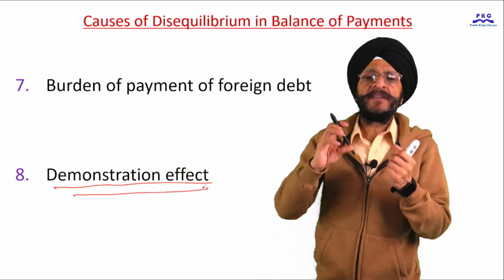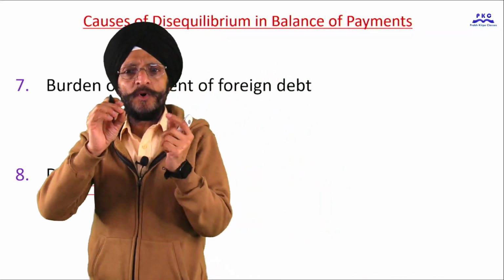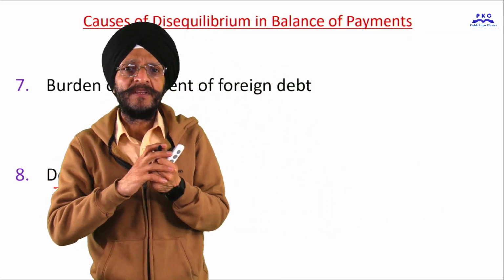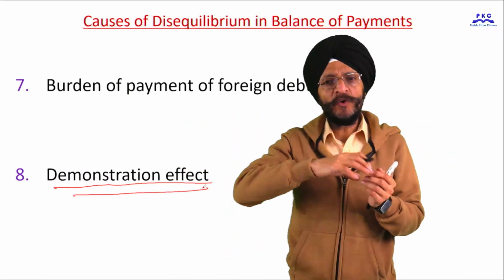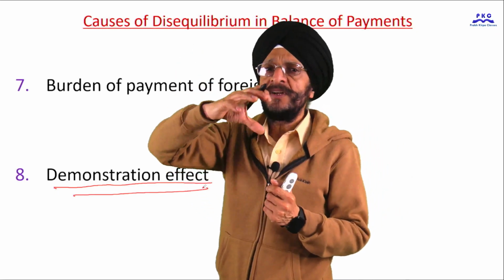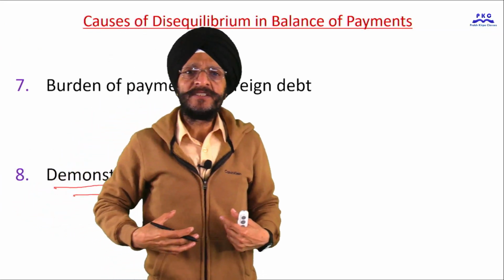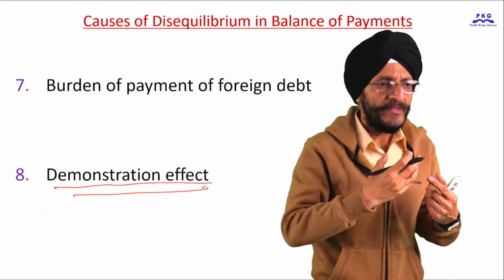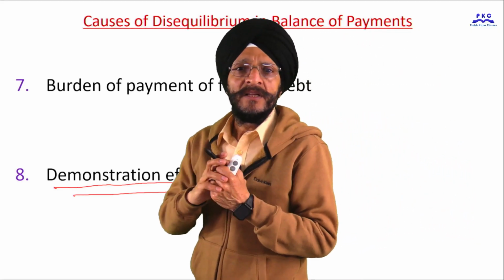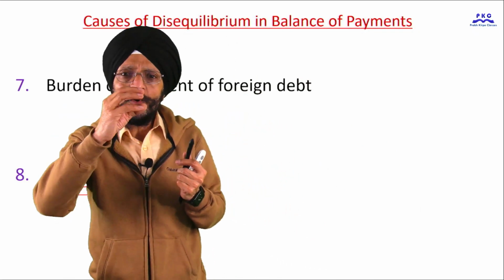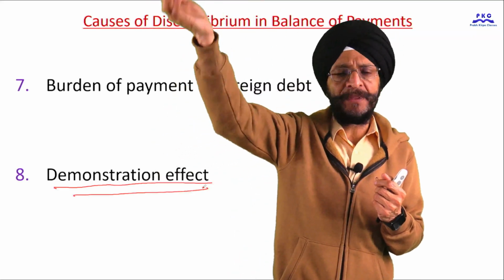When the residents of the underdeveloped country see on social media platforms or by way of personal relations, what are the clothings or what are the foods which they consume, what is their lifestyle, the people of the underdeveloped or developing countries try to imitate those people of the developed countries.